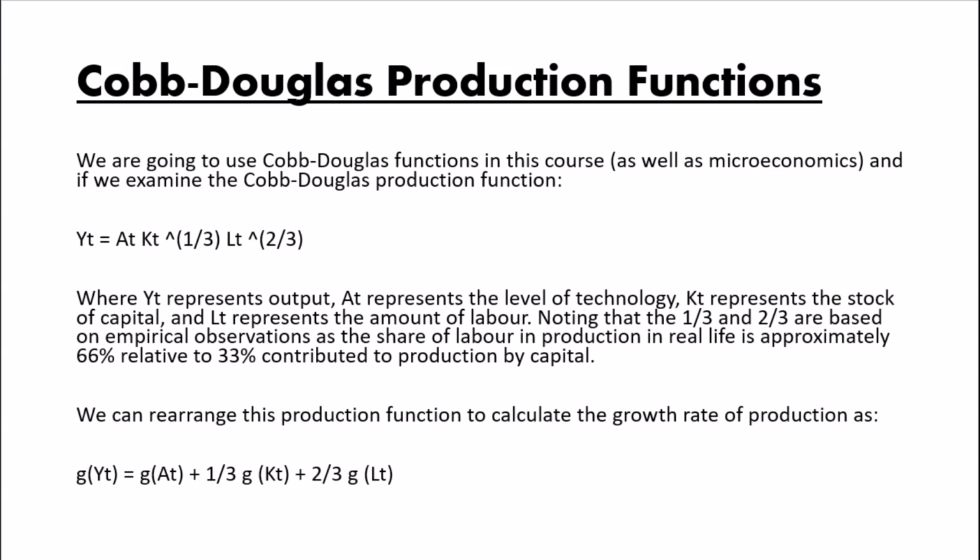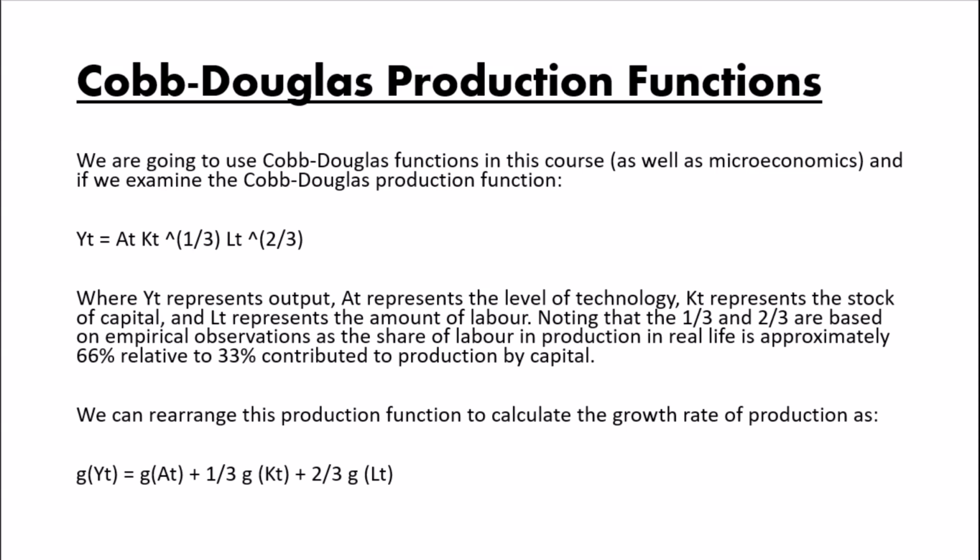So finally, let's take a look at Cobb-Douglas production functions, which are the bane of my existence, but they are going to be coming into prominence in macroeconomics too, as well as a lot of prominence in microeconomics too, unfortunately.